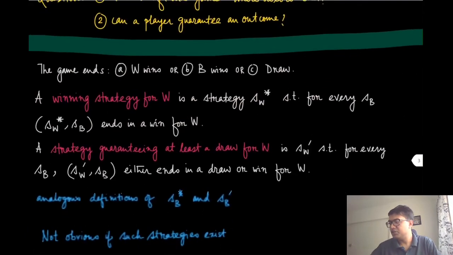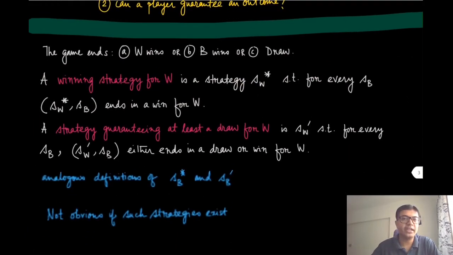Now I just want to remind again that the game ends in only 3 possible outcomes. All the leaf nodes in this finite game tree will have one of these 3 possibilities: either white wins, or black wins, or it ends in a draw.